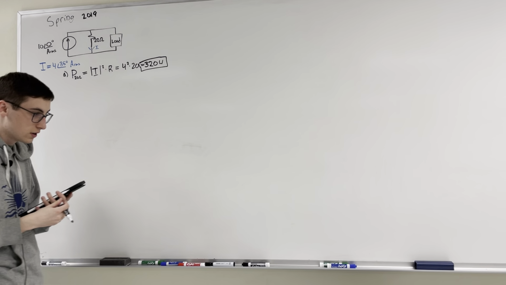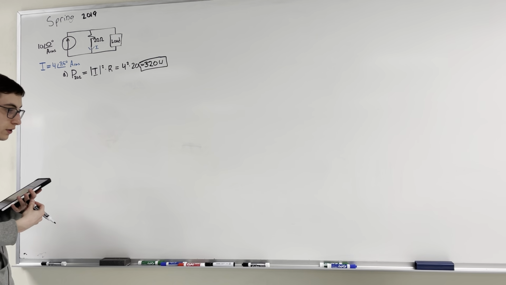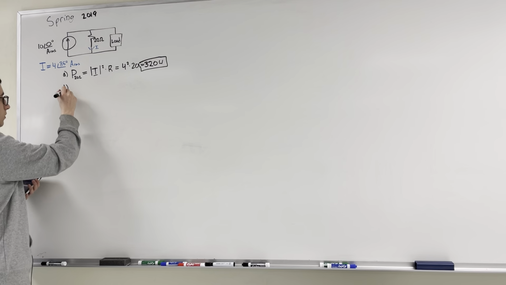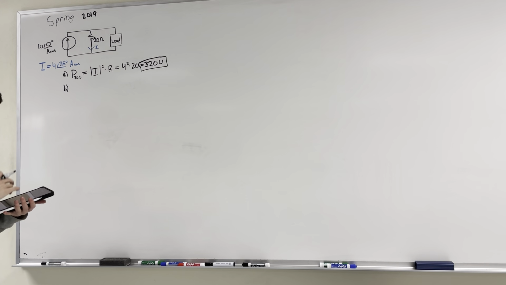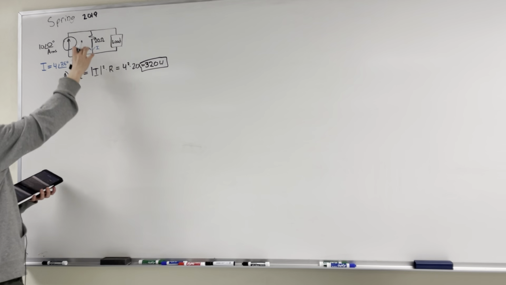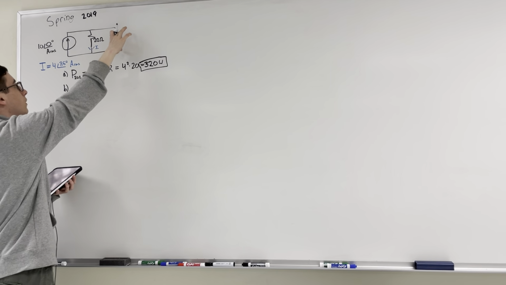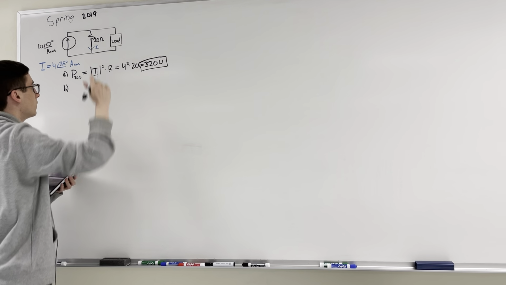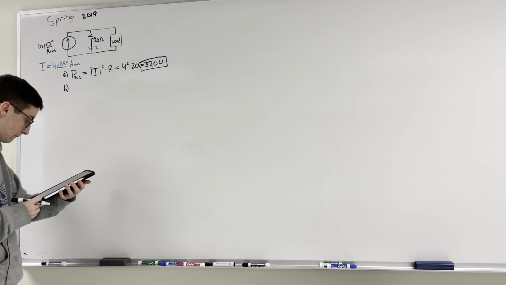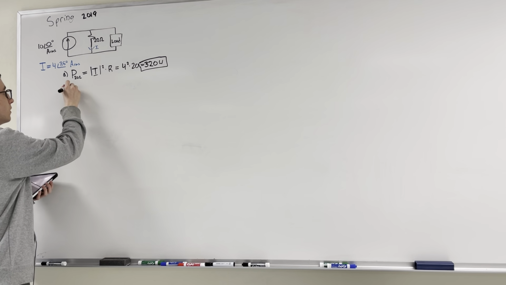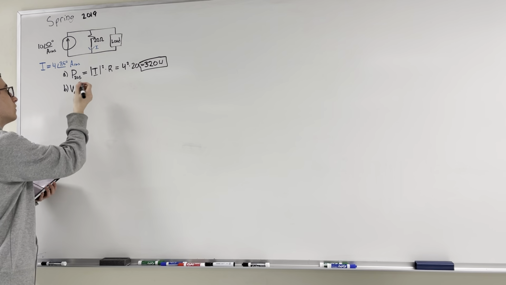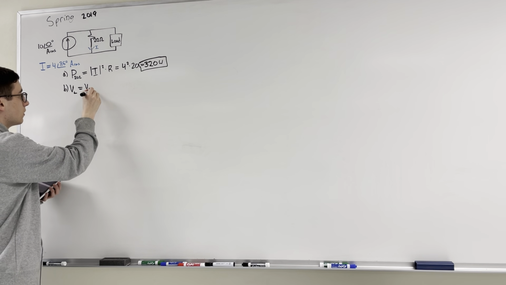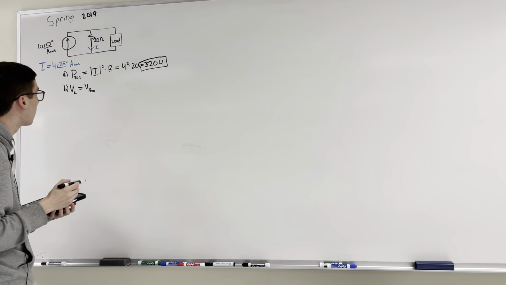All right, now the second part is asking us to find the voltage applied to the load. That is going to be pretty simple. Since this resistor is in parallel with the load, the voltage across the resistor is going to be the same as the voltage across the load. So VL, the voltage of the load, is going to be equal to V of the 20 ohm resistor.